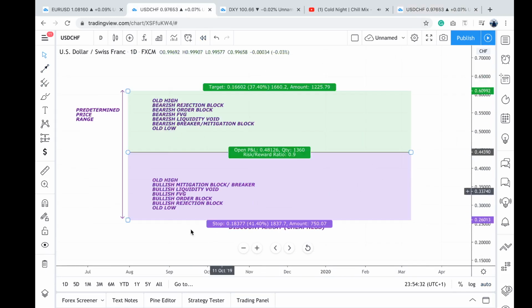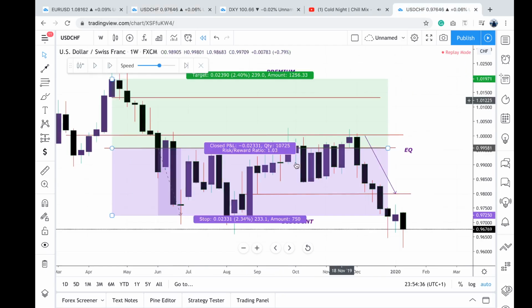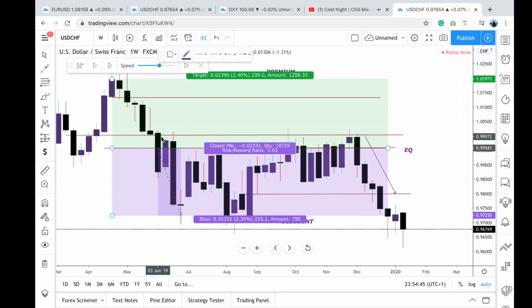Then the next up would be the bullish projection block. A projection block is basically equal body candles, as you're seeing, these two candles, that is our projection block. That is what we're going to look at as the next target.